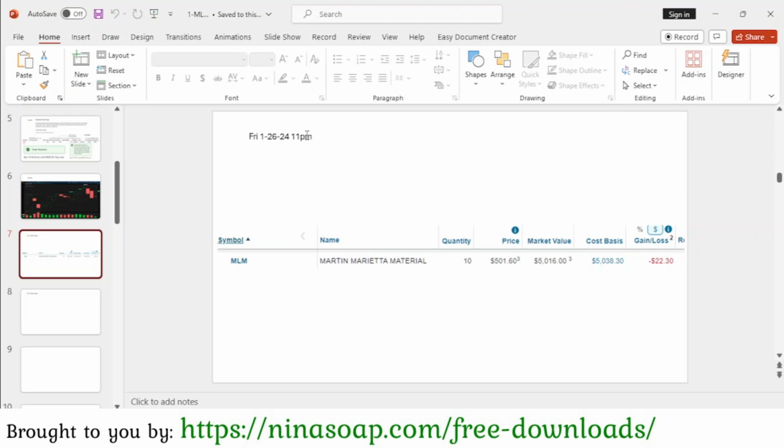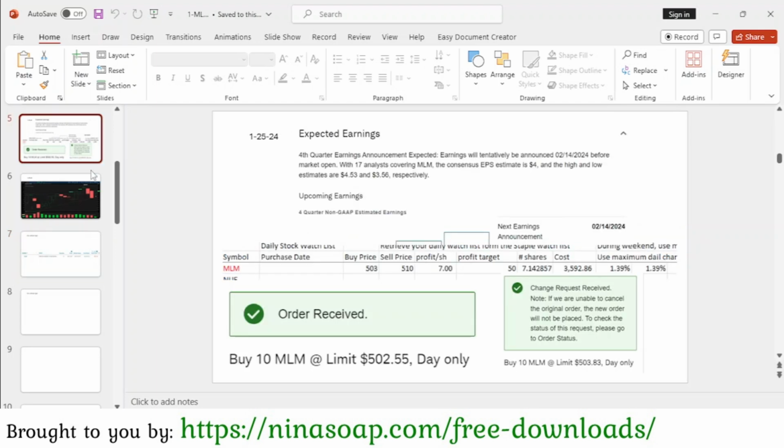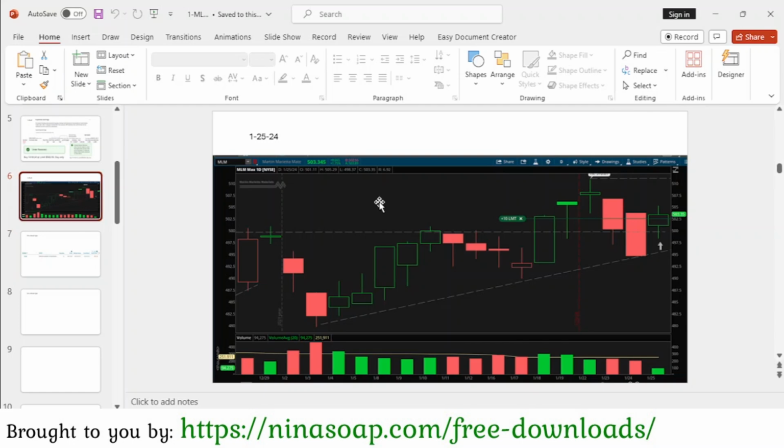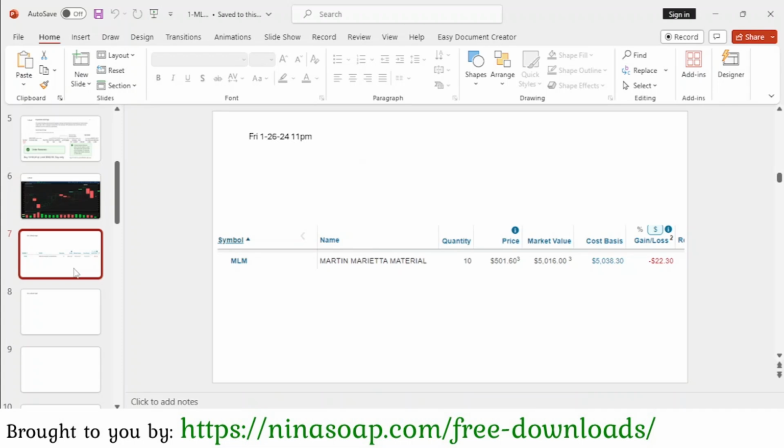So let's see what happened here. We wanted to buy 7 shares, so we bought 10, and we had to change the price a little bit to be able to buy it. The next day it went $2 negative, and that was the bar when we bought it a day prior. So now it's 22.30.